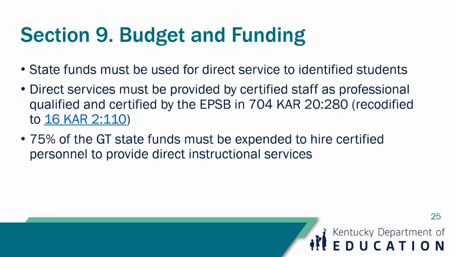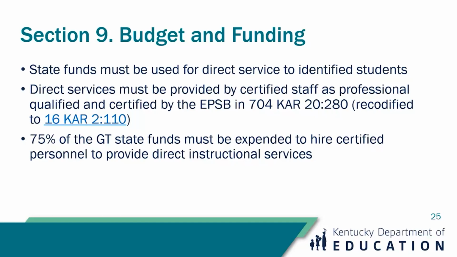Section 9 is budget and funding. So simply put, state funds must be used for direct services to identified students. If you're wondering what those services would look like and you're unsure if the funds can be used, go back and check that state matrix that I talked about that's on the state grants webpage on the KDE website.